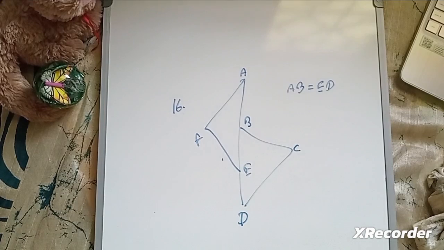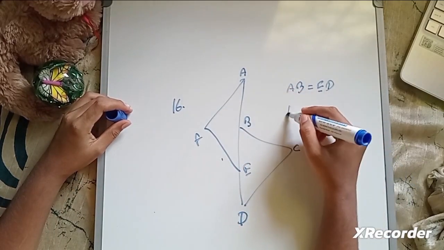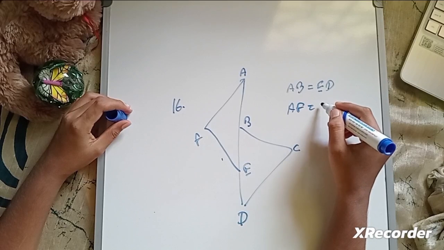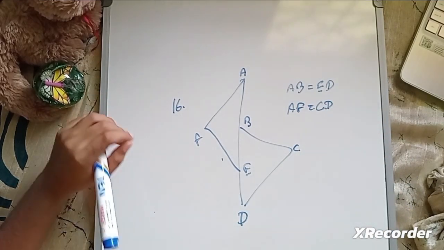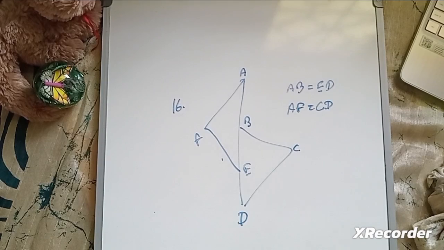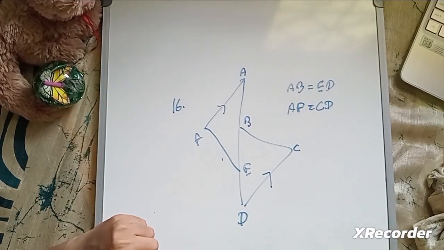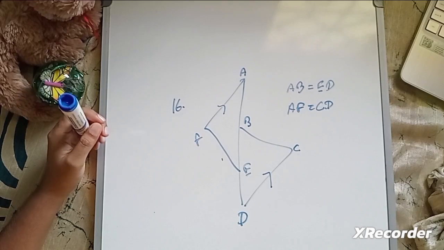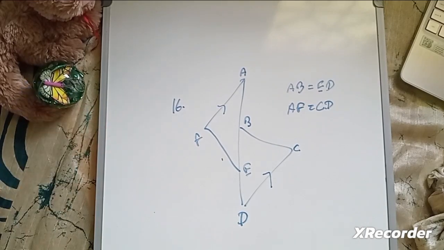Then AF equals CD. AF, CD. Now also they are parallel. Select under which of the following cases it can be shown that triangle AFE is congruent to triangle DCB.